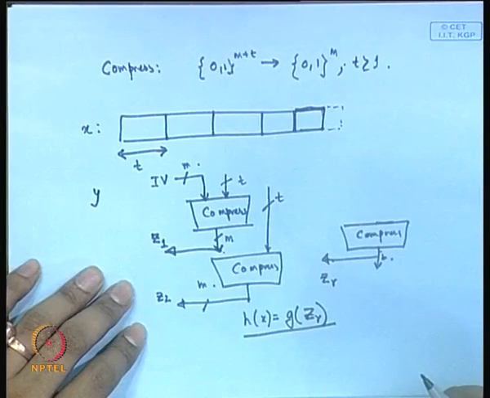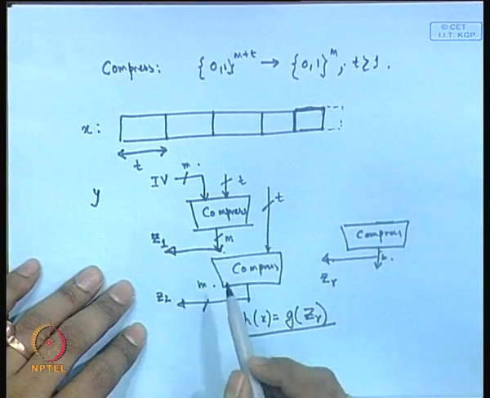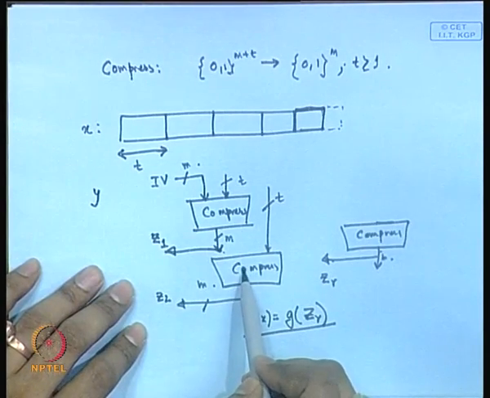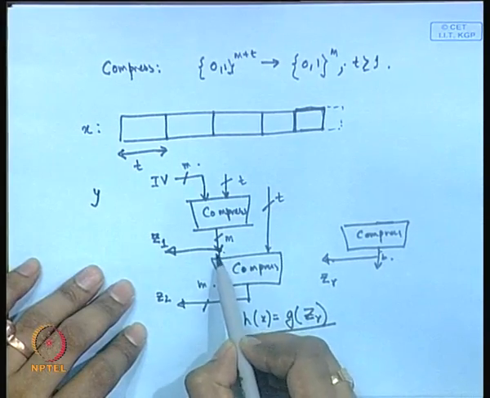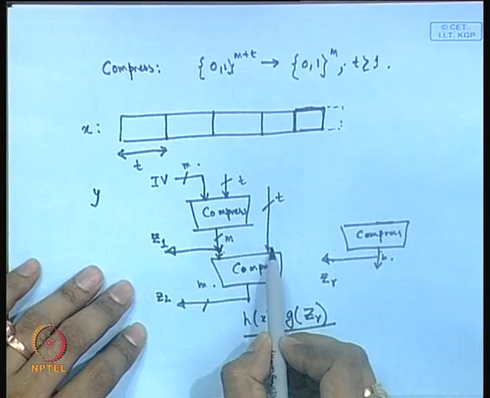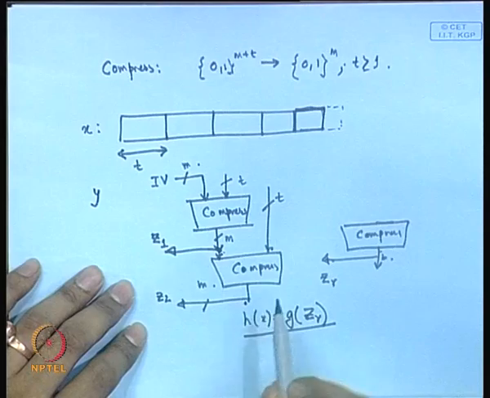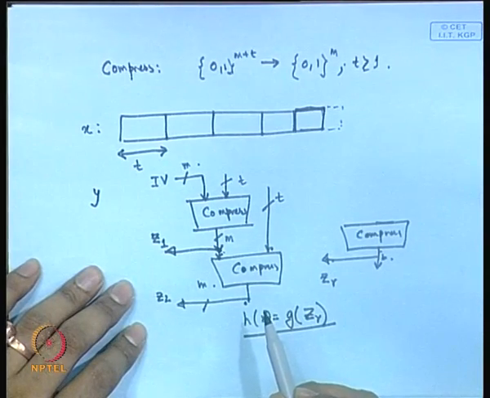Sir, that m bit output from the first compress function is also fed to the second one? Yes, this m bit is fed to the compress. So this compress has m plus t bits of input, and it also results in an m bit output. This is the way you keep iterating this process.